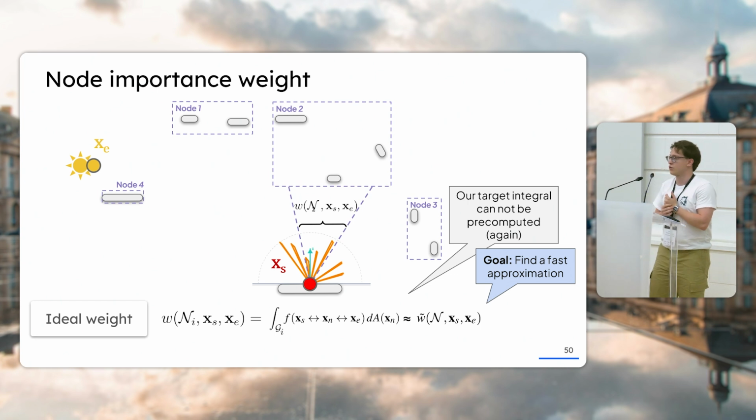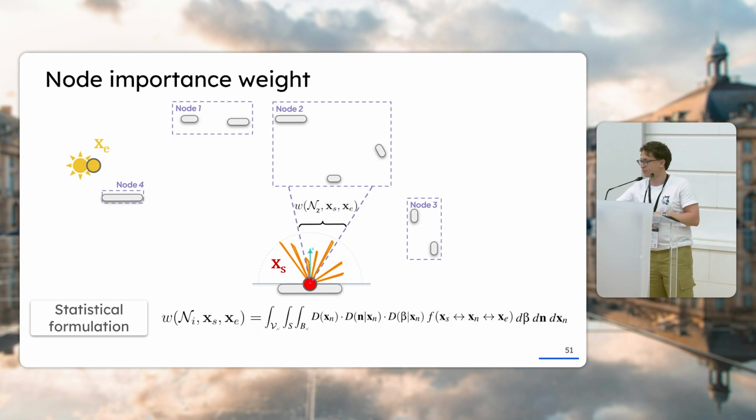So our goal is to obtain a good enough approximation of this importance weight, which is quick to evaluate. And for that, we ask ourselves if there's a way to estimate the aggregated contribution of all this sparse geometry of a node in a single fast evaluation.